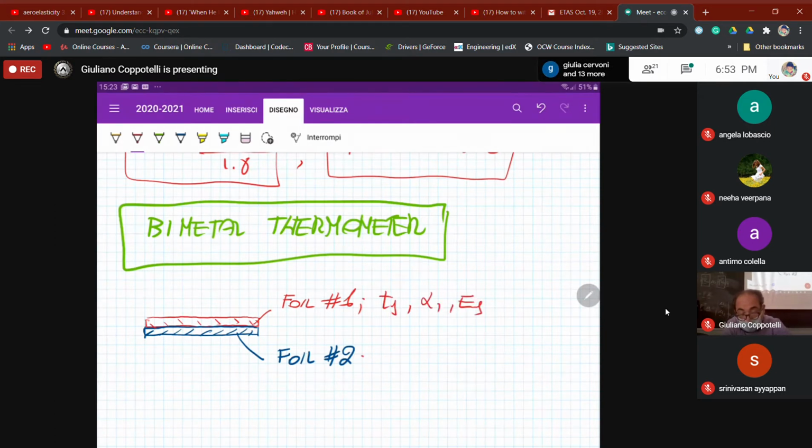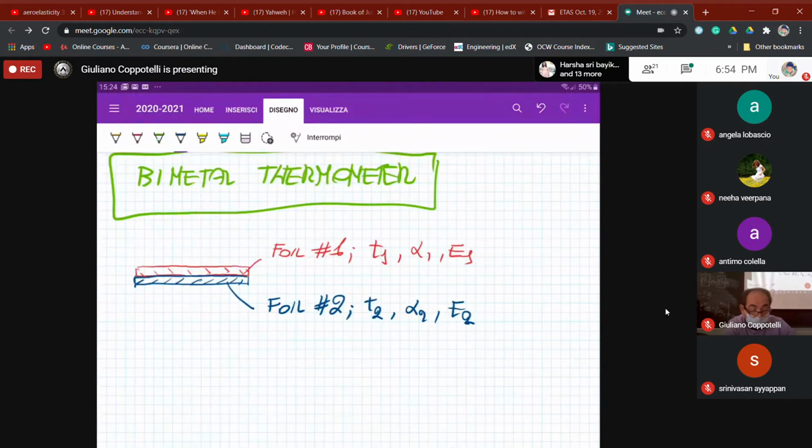And so the properties could be chosen so that to maximize our measurement. Okay, please note alpha is the linear thermal expansion coefficient. Okay, T1 and T2 are the thicknesses, E1 and E2 are the Young modulus, okay, of the two foils.